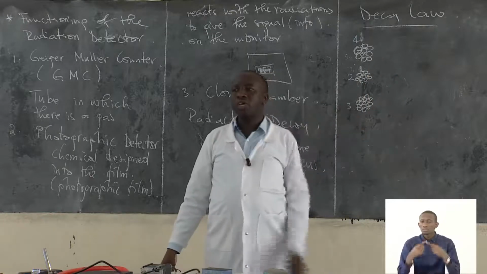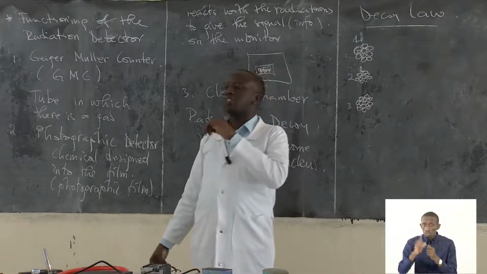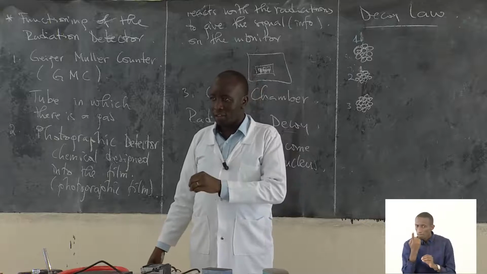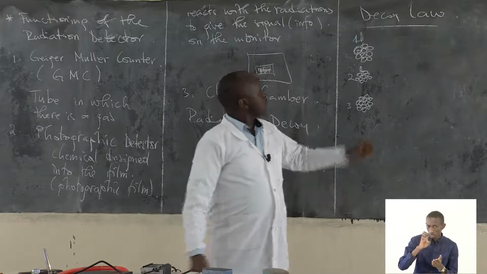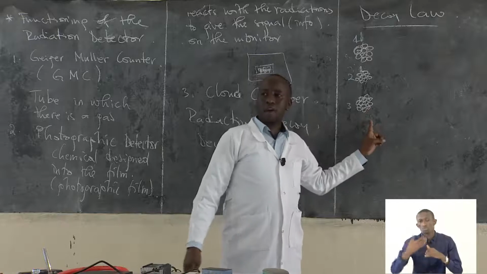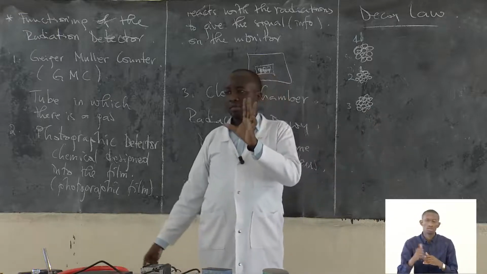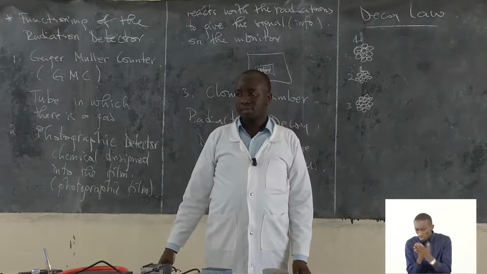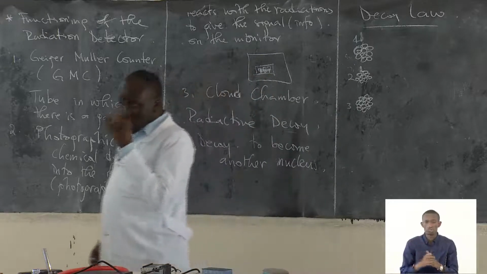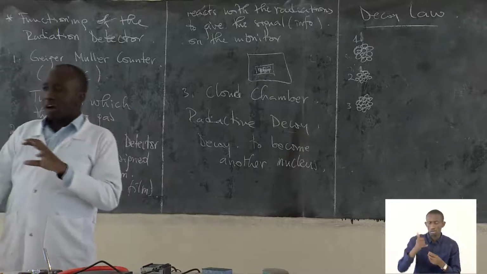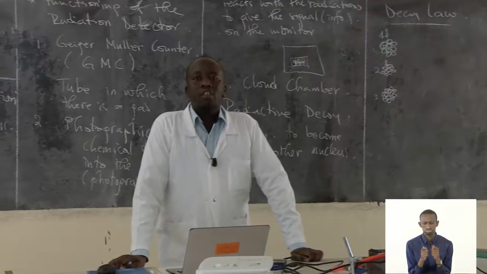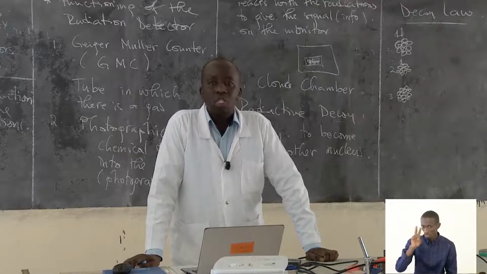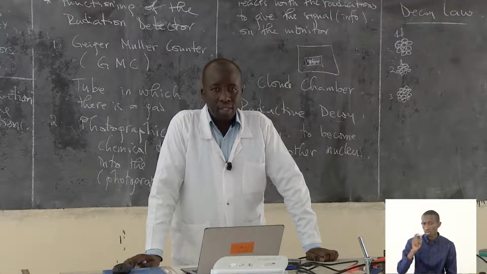But they are not going to decay at the same time. One decays and then another decays. It means that number 3 may decay, or number 1 may decay. In one word, I can say that radioactive decay is a random process. Do you understand?